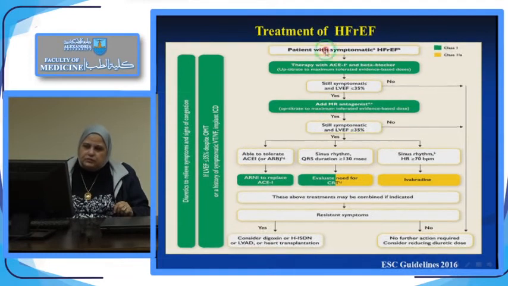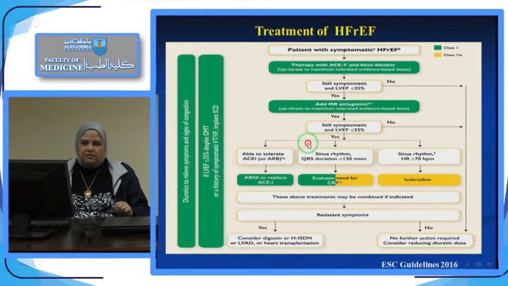If the patient is not improved on these four medications, diuretic, MRA, ACE plus beta blocker, and the ejection fraction is still less than 35%, number one, replace the ACE or ARBs by ARNI.